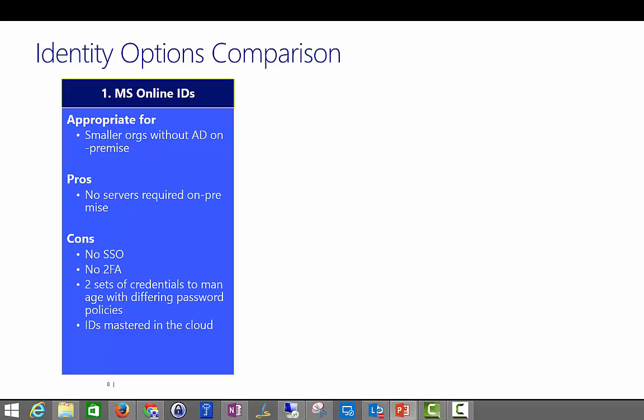You don't get single sign-on, you don't get two-factor, and you need two sets of credentials to log on to potentially on-premise stuff and in the cloud. Again, this is just in broad strokes. You can integrate them and do a lot of things to put them together, but in broad strokes, that's your first sort of identity. This is your Hotmail user, your Live user. Okay?